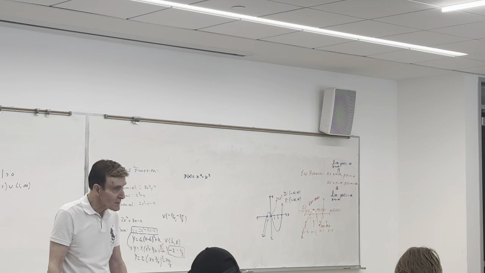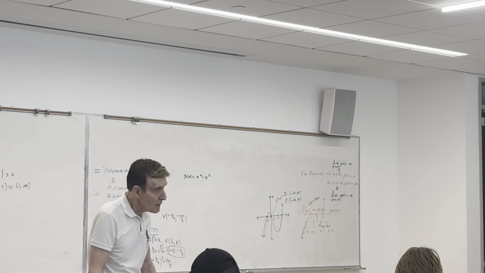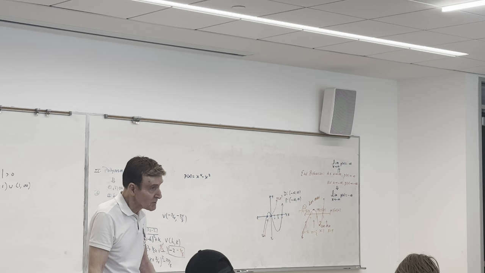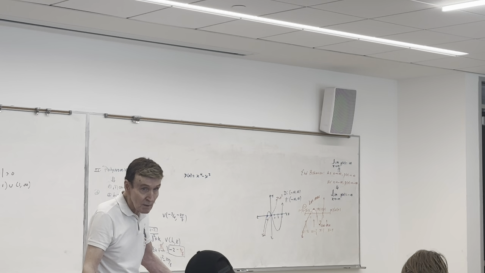P of x equal to x to the fourth subtract x squared. That's a binomial. I'm still talking about polynomials. They want us to sketch it.